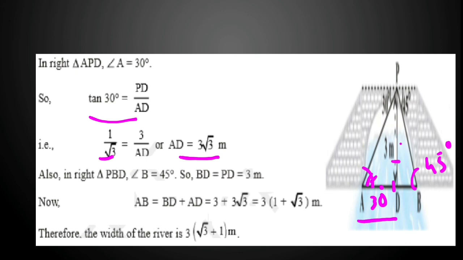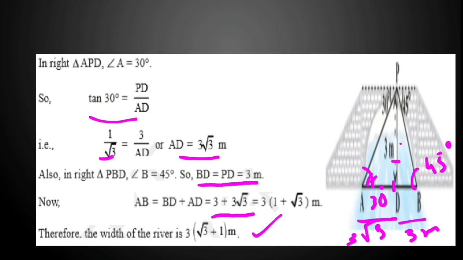So you can write BD is equal to PD is equal to 3 meter. Now this distance is 3 meter and this distance is 3 root 3 meter. So the width of the river will be 3 plus 3 root 3 meter. So this will be the required answer.